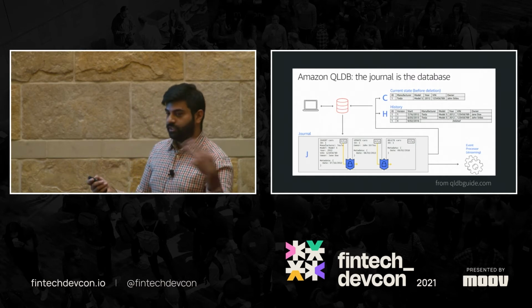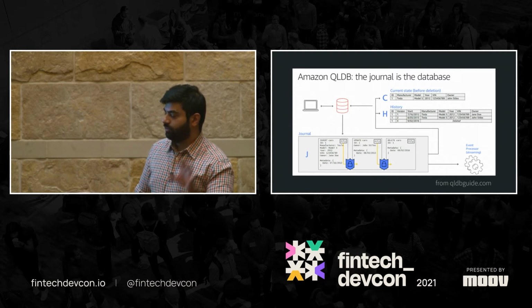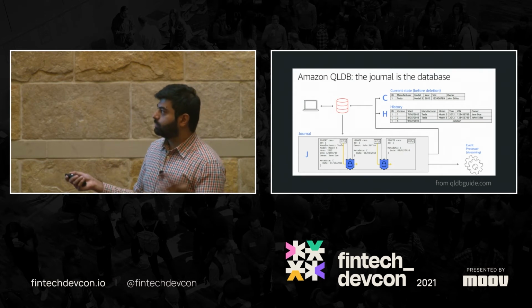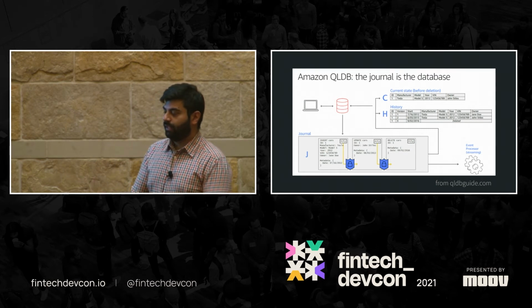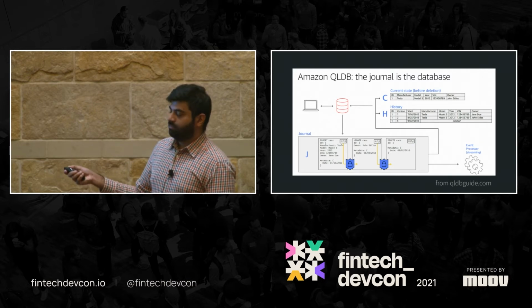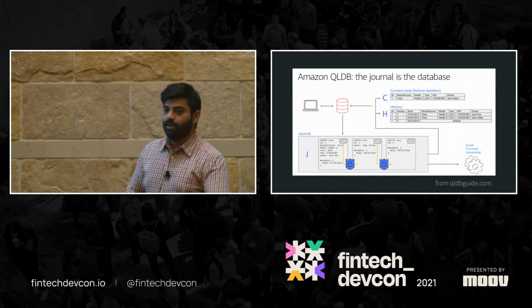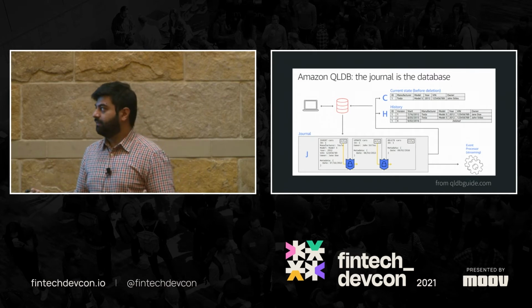Now, a database that just stores the fact that a change was made isn't that useful. So what QLDB does is take that journal of changes and put it into a materialized view that looks more like a normal database, right? If you've inserted a document, updated it, and then deleted it, you expect the database to look like this, where there is a document, and even though I've updated it, when I get that document, it should have the updated value.